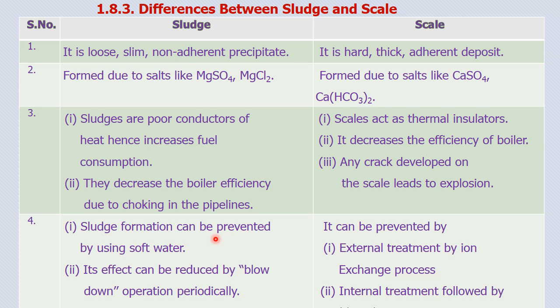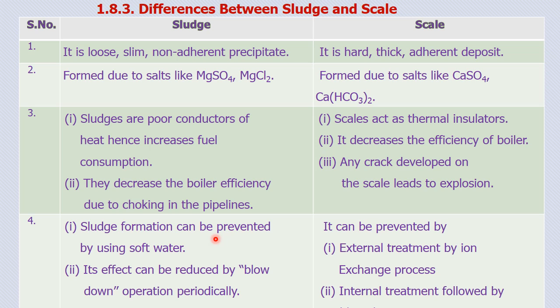Scale, on the other hand, is a thermal insulator. It's not a poor conductor, it's a thermal insulator. It deposits on the wall and disturbs conduction, decreases the boiler efficiency, and any crack developed on the scale may lead to, as I have explained, boiler explosion.